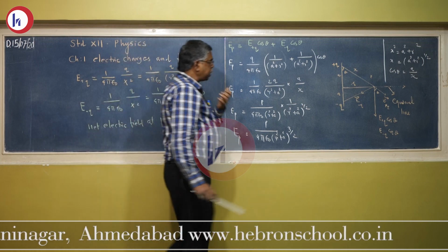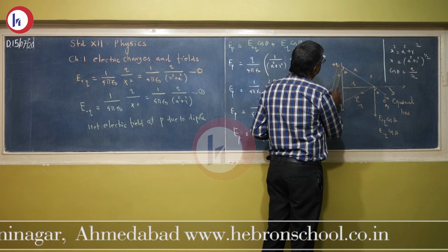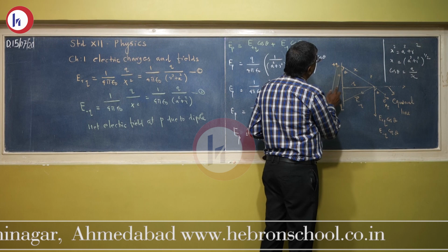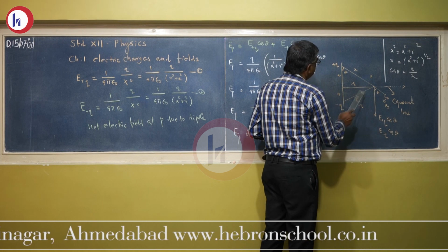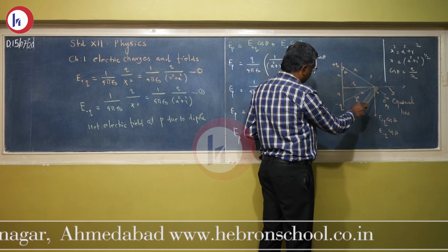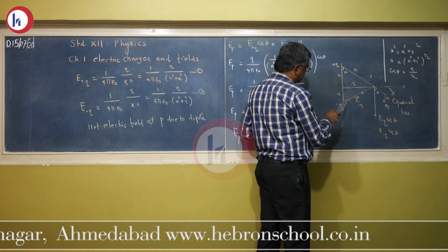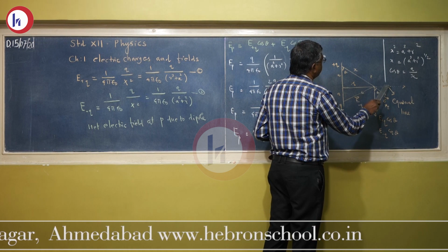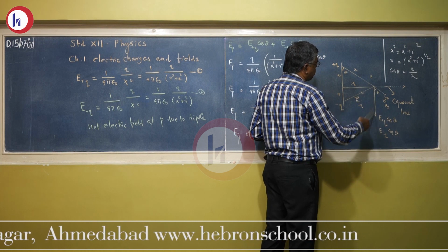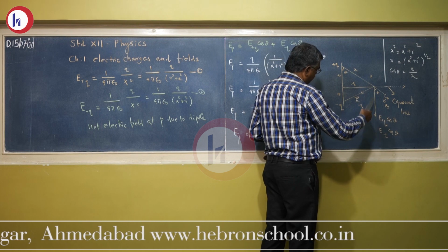Now, see the direction of the electric field. Electric field at point P due to positive charge is acting along these directions. And electric field at point P due to negative charge is acting along these directions. Writing components, both sine components will be cancelled, only cos components will be added.